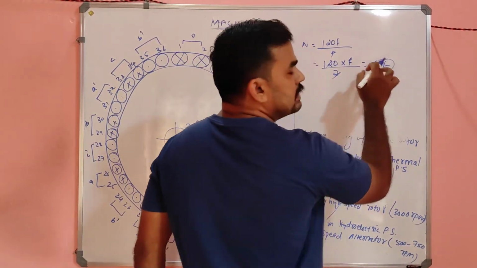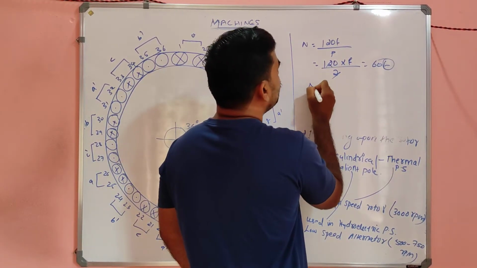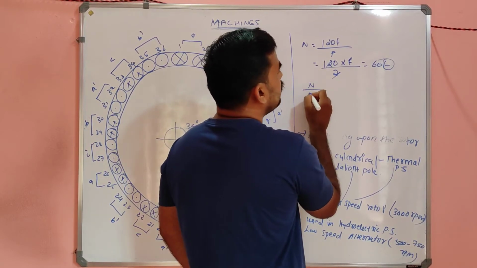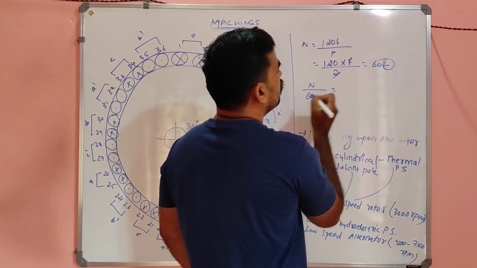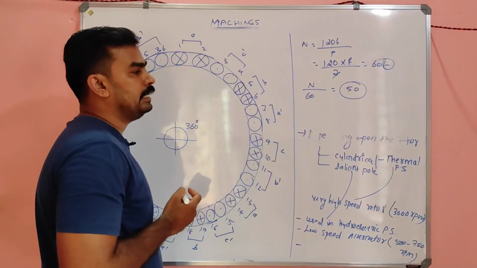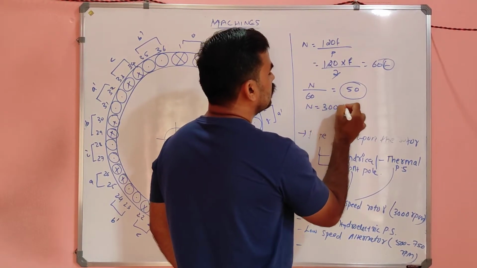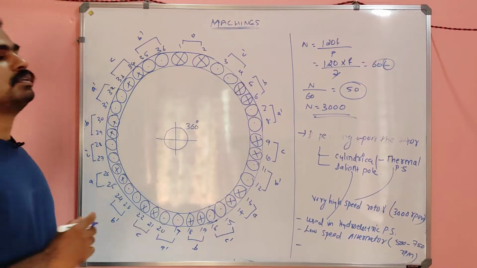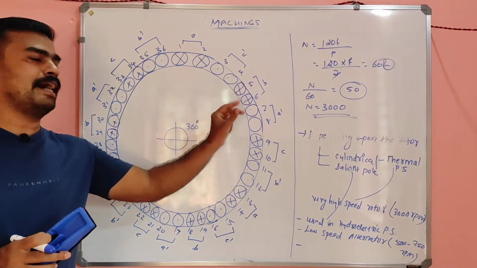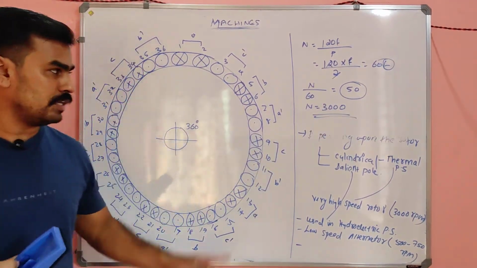So for the frequency to be 50 Hertz, N by 60 equals 50. The answer is 50 when N is equal to 3000. So normally, if alternators are manufactured for two poles, the speed should be 3000 rpm.